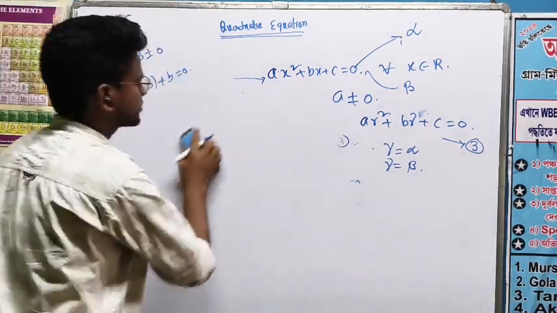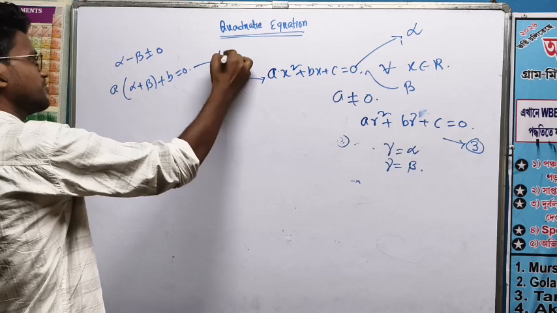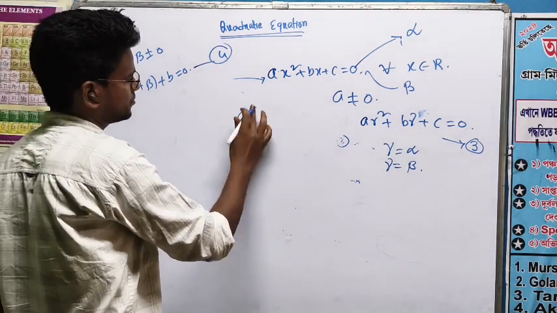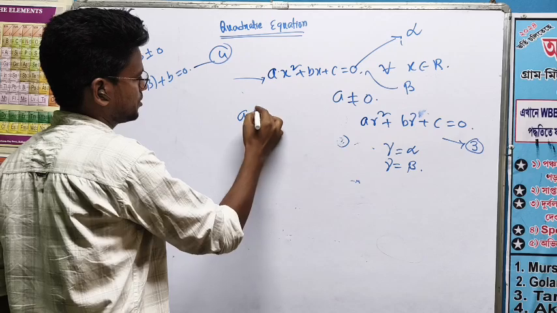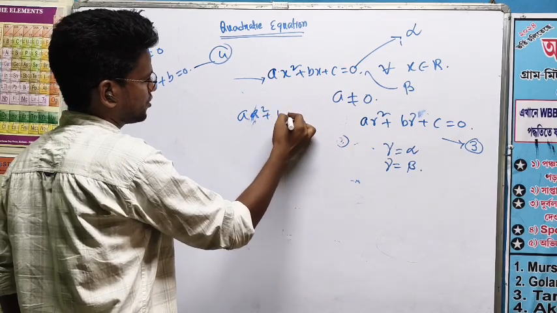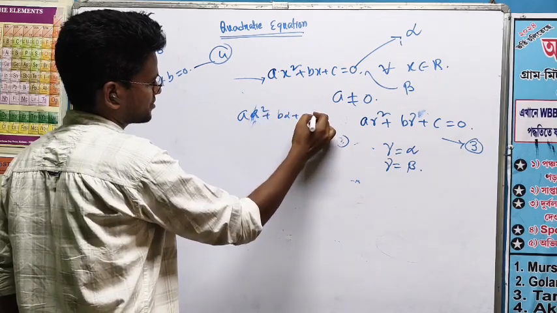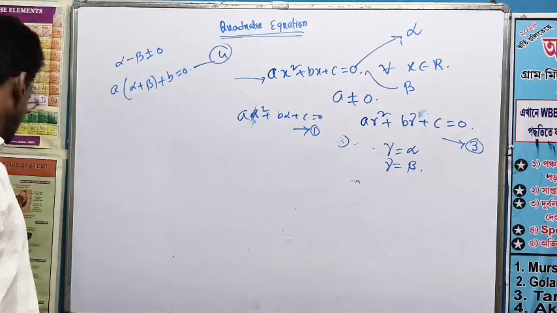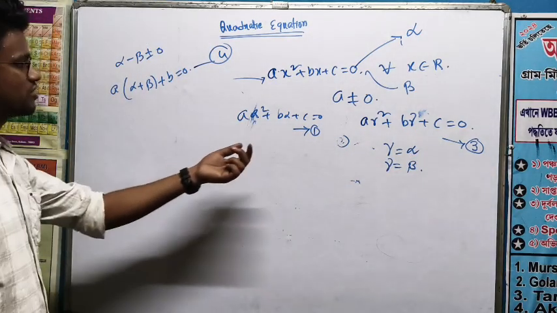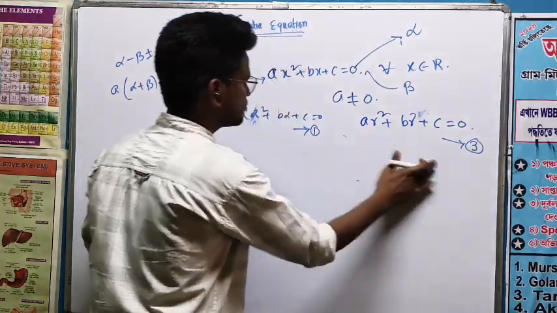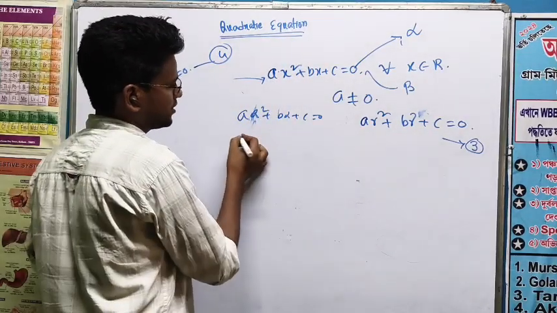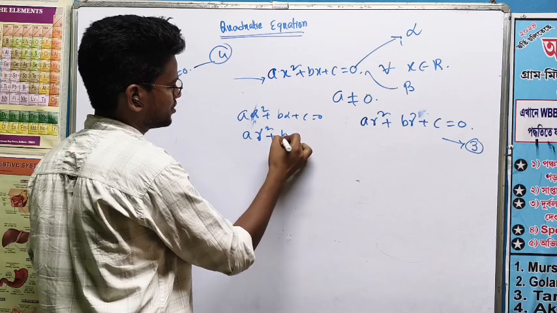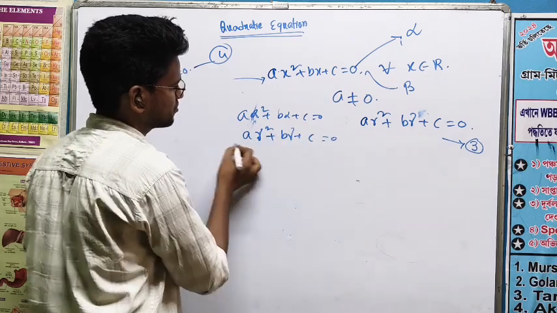This is number 4. Another, we take a alpha square plus b alpha plus c is equal to 0, this is number 1, and this is number 3, a gamma square plus b gamma plus c is equal to 0. If you subtract with a similar pattern, 1 and 3, we get a into alpha square minus gamma square plus b into alpha minus gamma is equal to 0.